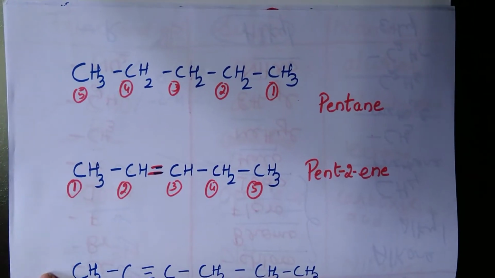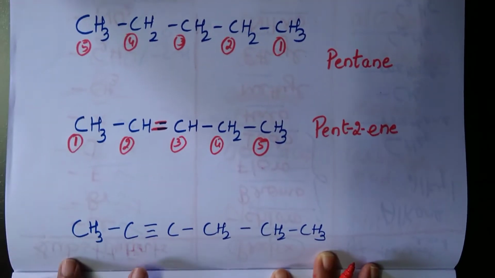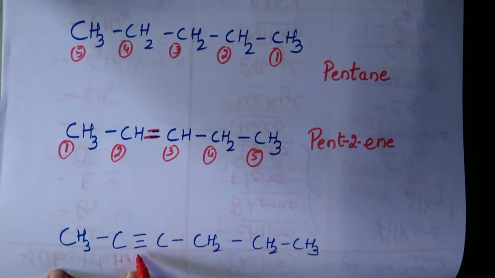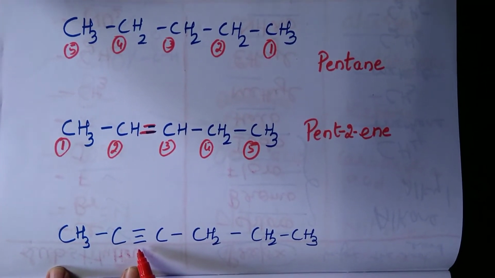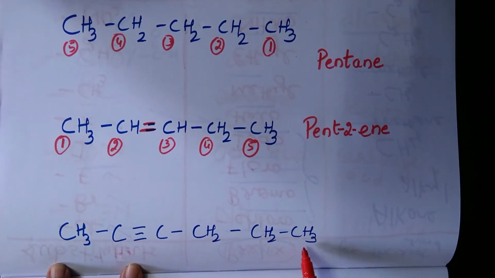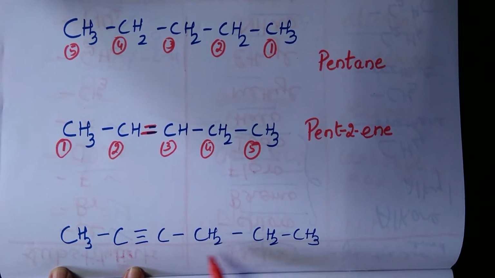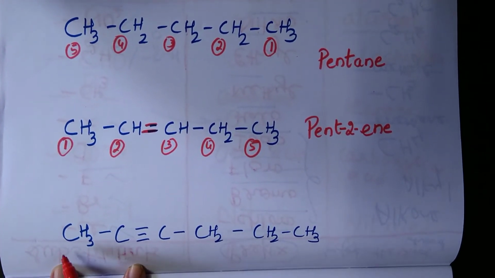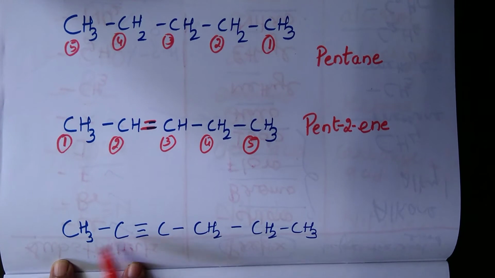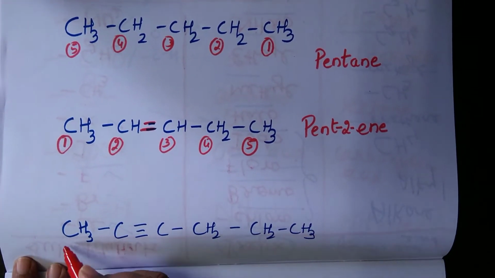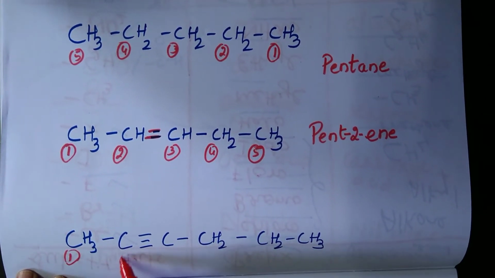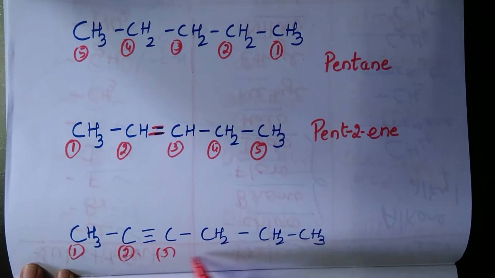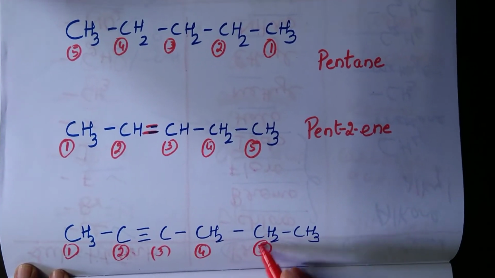We'll take up another example here. The third one. So we have carbon-carbon triple bond. If I number it from this side, it will be 1, 2, 3 and 4. If you number it from the other side, it will be 2. So number it from the other side. So 1, 2, 3, 4, 5 and 6.